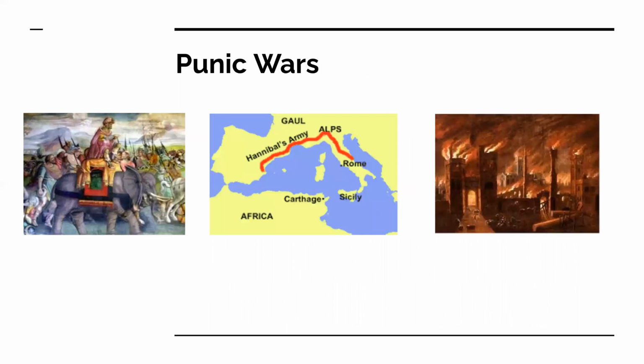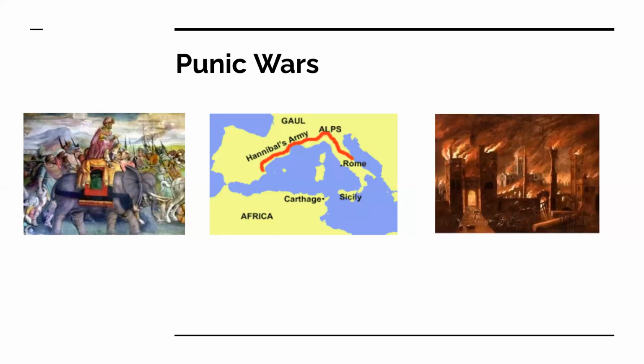If you look here on the left, that is a depiction of Hannibal. Elephants were used a lot in war during these times. An elephant was a war machine, massive and able to transport a lot of things.